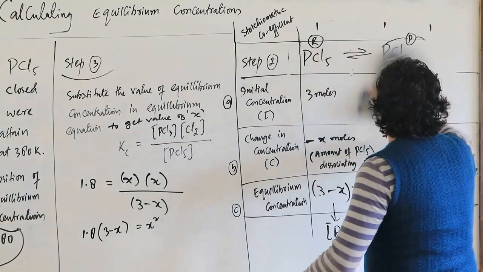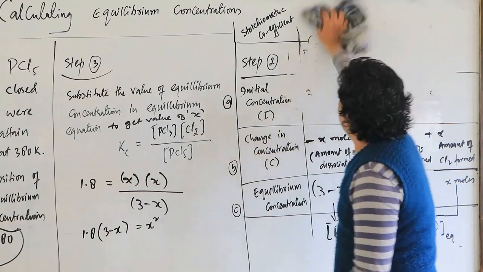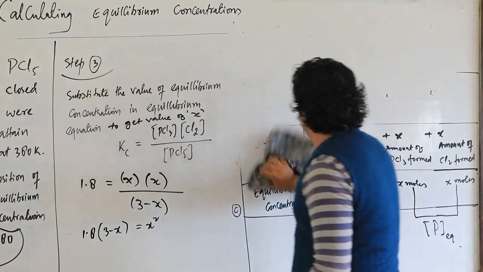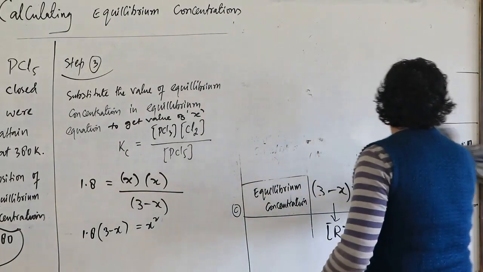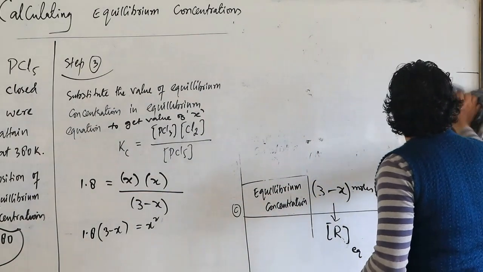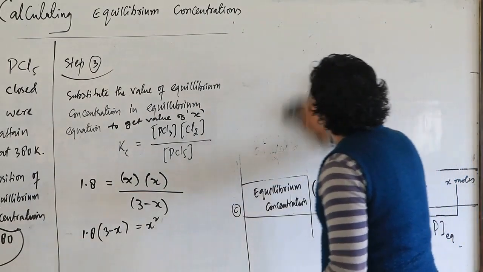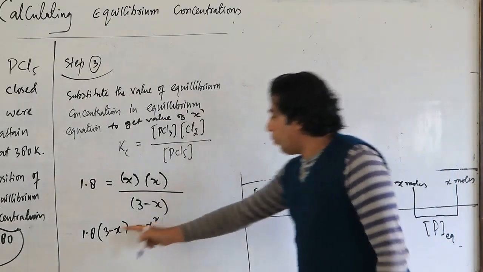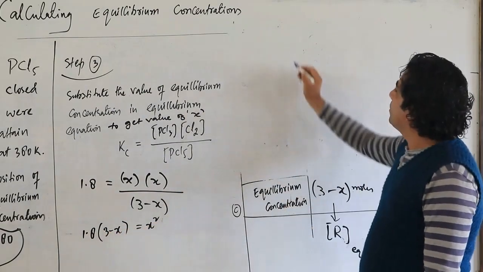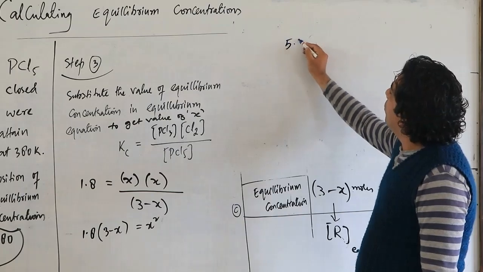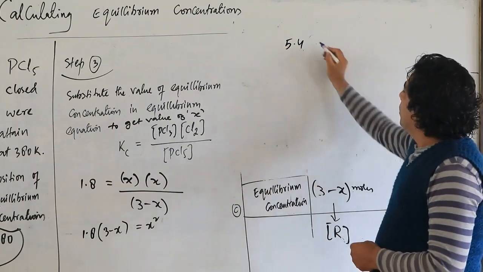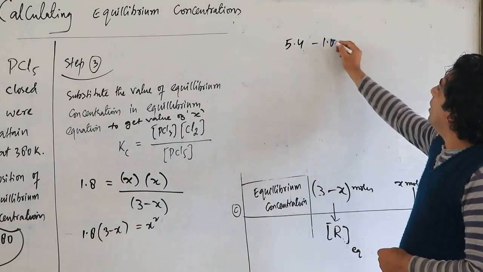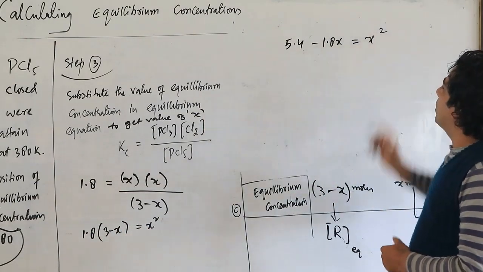So let me erase it. I need some space. Now look here, my dear friends, 1.8 into 3, how much is that? 5.4, minus 1.8 into x, that is 1.8x is equal to x square.